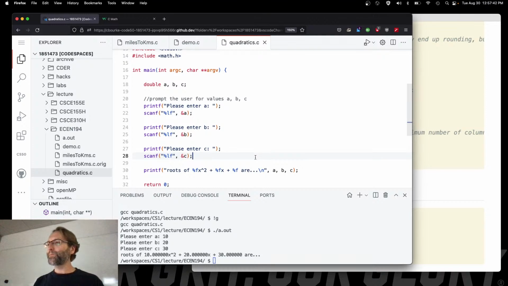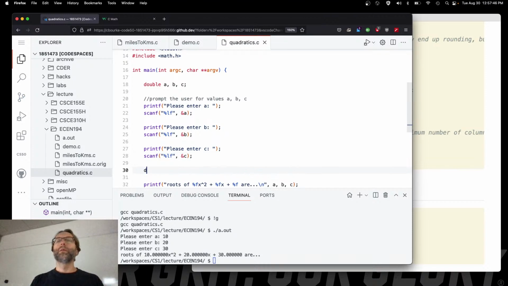Right? All right, how do I compute those roots? How many roots are there, first of all? 2, right? Because it's a polynomial of degree 2, right? If it was a polynomial of degree 1, you would have a linear equation, ax plus b is equal to 0. Well, you just take b onto the other side and divide by a, right?